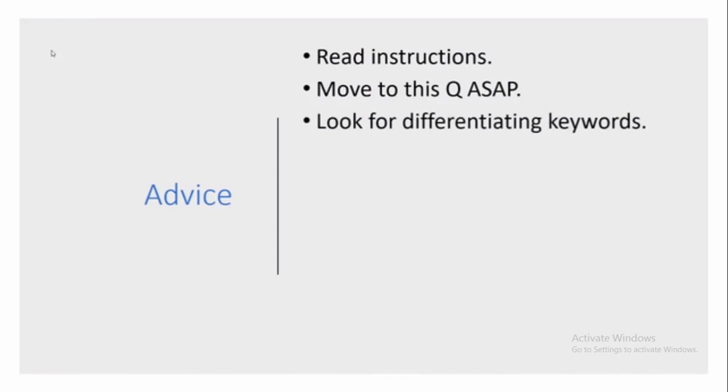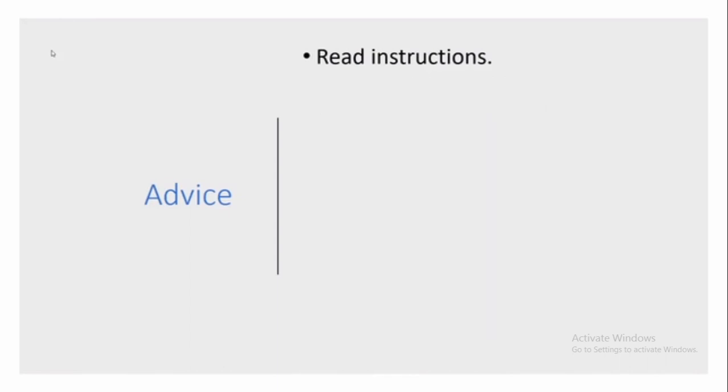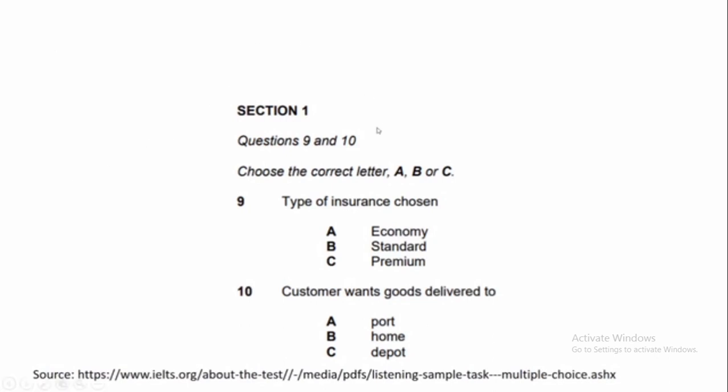Then you need to look at the differentiating keywords. So what does that mean? If we look at these different choices, what we need to do is think about the differences. So economy, standard, premium. Economy and standard are kind of synonyms of each other. So there's a big difference between economy, standard, and premium.